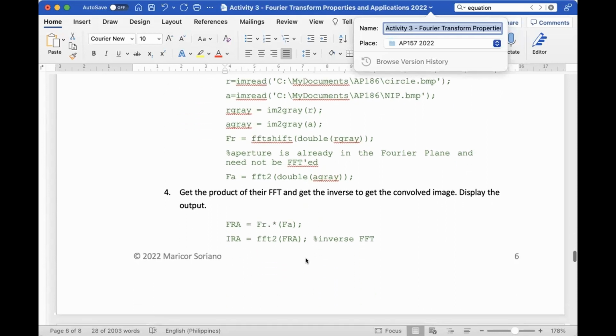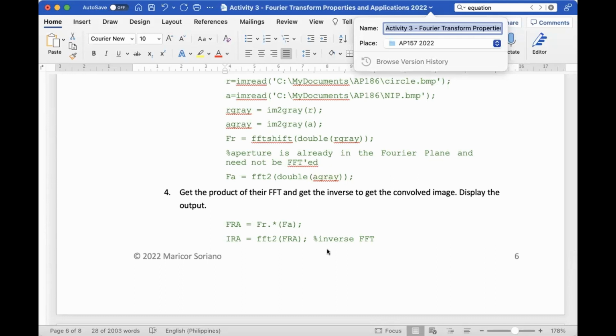Ang gagawin natin is i-convolve silang dalawa in the Fourier space. Get the product of their FFT and get the inverse to get the convolved image. Okay? As I said, yung circle, iyon na yung pinaka-FT version or model ng ating aperture. So hindi na natin siya kailangan i-Fourier transform, bagkus automatically i-multiply na siya. Kumbaga it's in the Fourier space na pag gumawa tayo ng circle as a model of the aperture. Tapos i-multiply lang natin sila element per element with FFT of the NIP image.